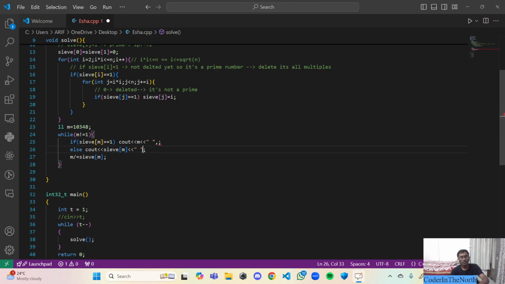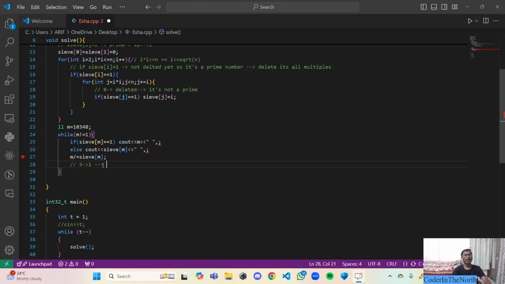The problem was that for 5 we have SPF 1, and in line 27, when we reach 5, we are doing m equal to 5 divided by its SPF, which is 1, which keeps it as 5. So 5 will never reach 1, and will just get into an infinite loop.